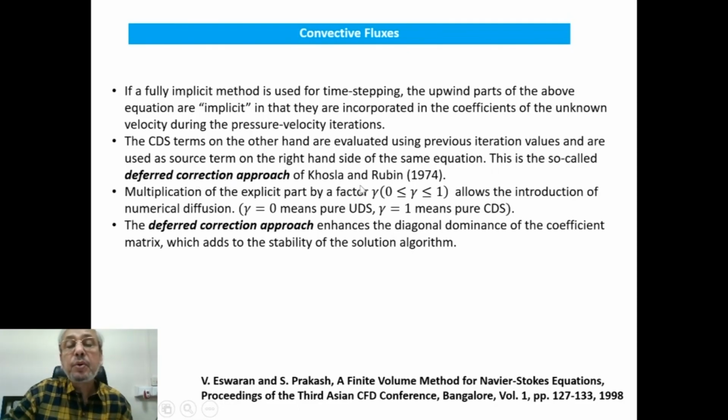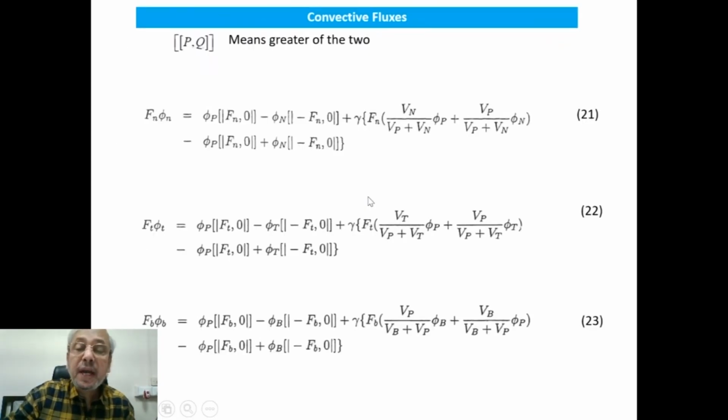Professor Prem Khosla and Professor Stanley Rubin, they formulated it. Multiplication of the explicit part, I have already mentioned. This is a fact, this gamma is a factor which is basically a fraction.